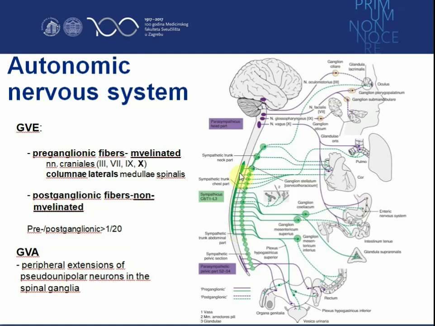The paravertebral ganglia are interconnected by the nerve fibers, and together with them they form a sympathetic trunk. Some neurons switch in the ganglia of the sympathetic trunk, whereas others continue as the preganglionic myelinated fibers, bypassing the paravertebral ganglia as splanchnic nerves.